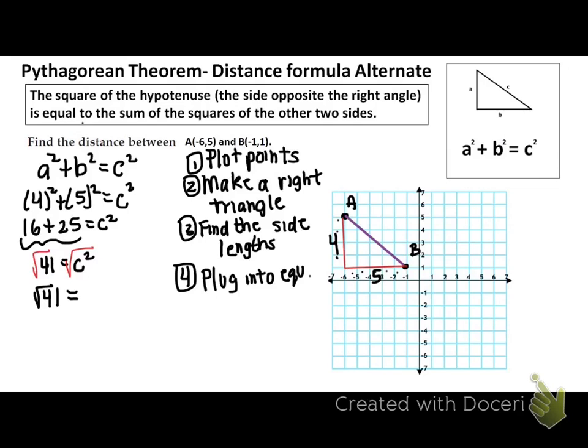If you gave me the decimal, it would be what? 6.4. Either one would work for me. So the length that we're getting from A to B is square root of 41, or 6.4 inches.